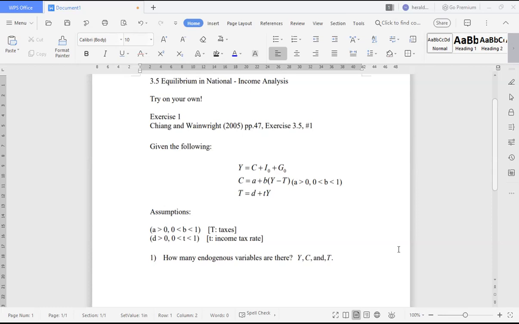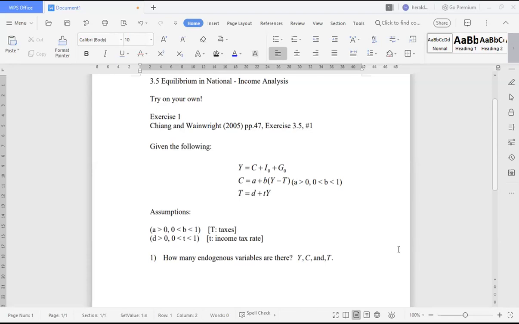Y minus T is our disposable income. So disposable income would be income after taxes. And our restrictions there would be that the value for A would be non-negative, that would be positive. For B, that's also a non-negative value.